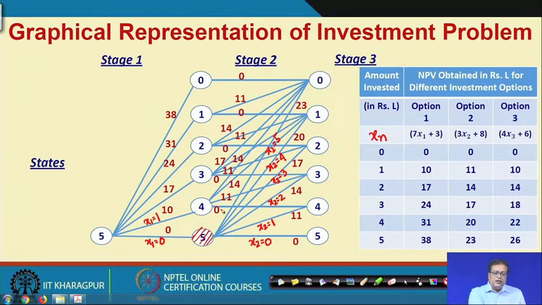So here if x 1 equal to 1, then this will be x 2 equal to 0, and that option will lead to a return of 0 at the second stage. Similarly x 2 equal to 1, x 2 equal to 2, x 2 equal to 3. These are the different options that we shall have.